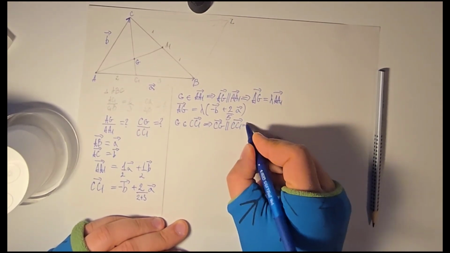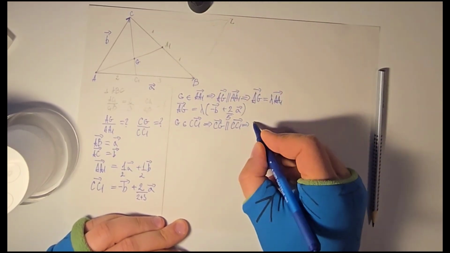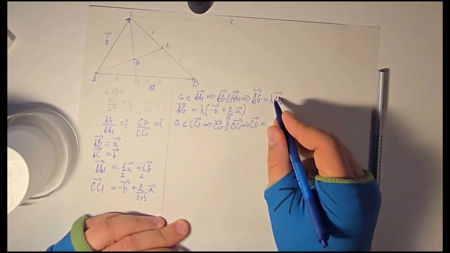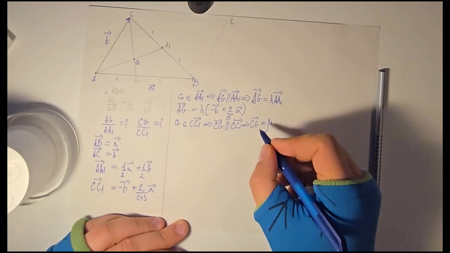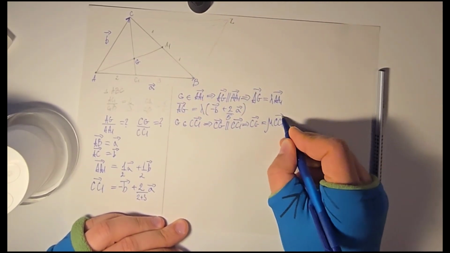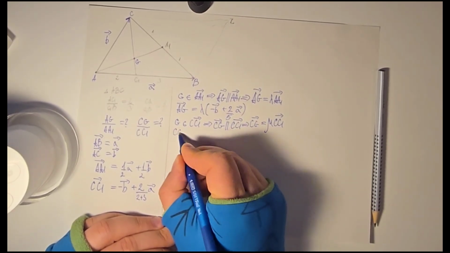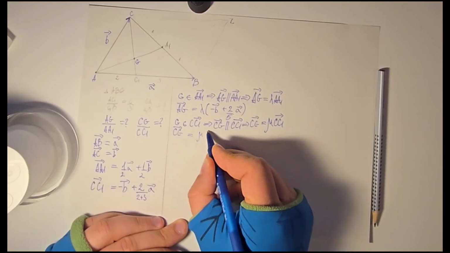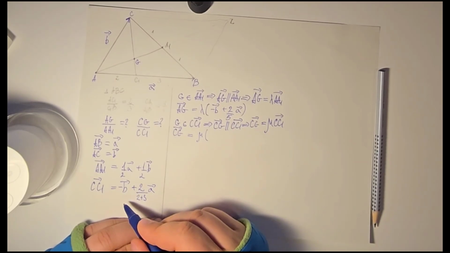And from here it follows that CG is, this time it won't be lambda, it will be mu of CC1. True. And let's express it, so CG equals mu, and here we have CC1.